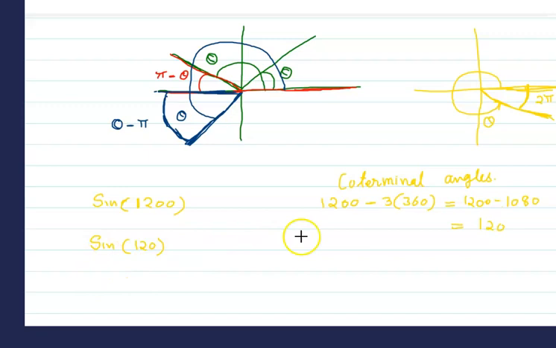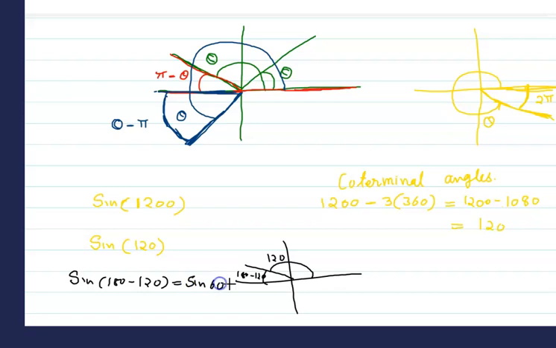Now sine of 120: 120 lies in the second quadrant. So what would be the reference angle for sine 120? It's pi minus 120, which is going to be sine 60.